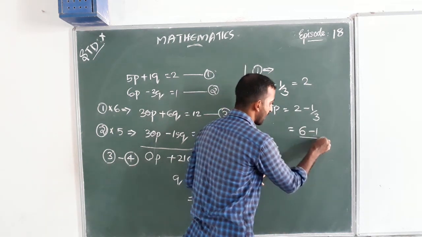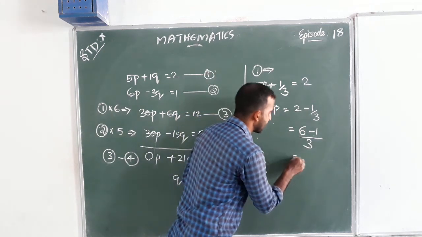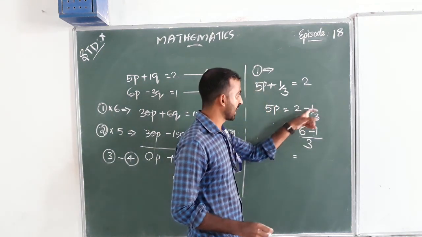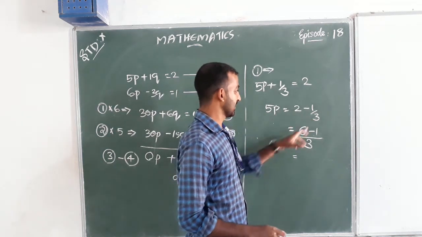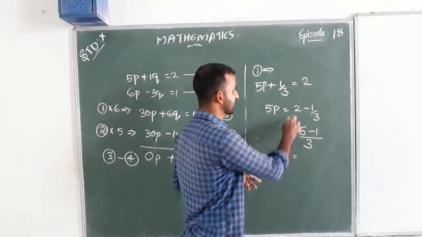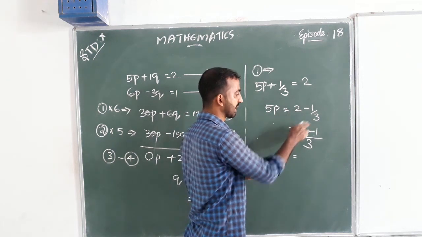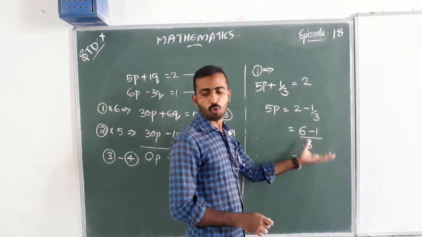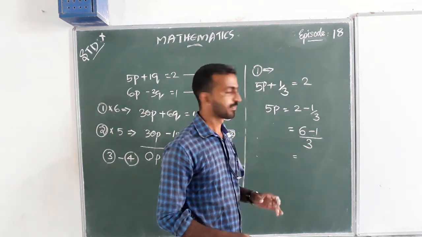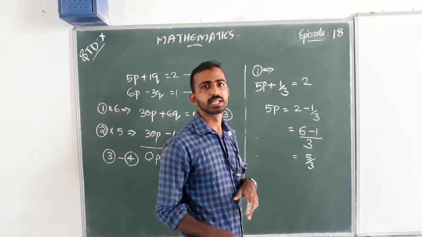Here we take the difference 2 minus 1 by 3. The LCM is 3, so when we cross multiply, 2 into 3 we get 6. 6 minus 1, whole divided by 3. That is, we get 5 by 3.